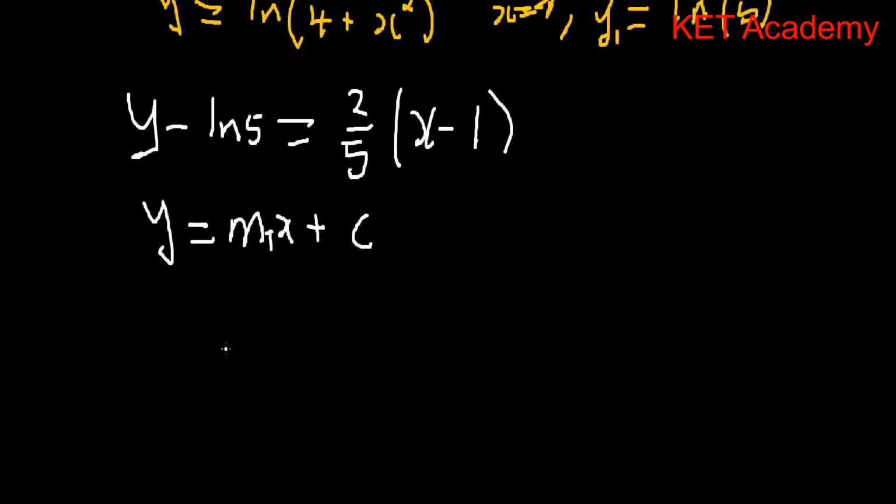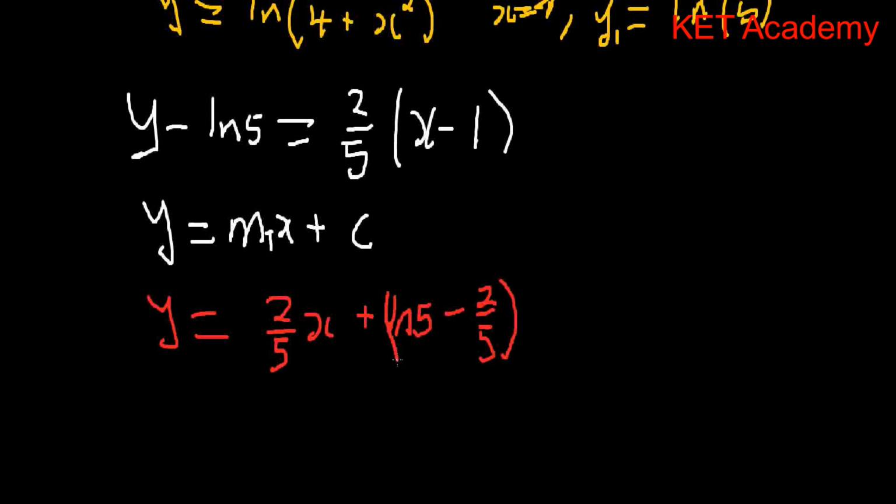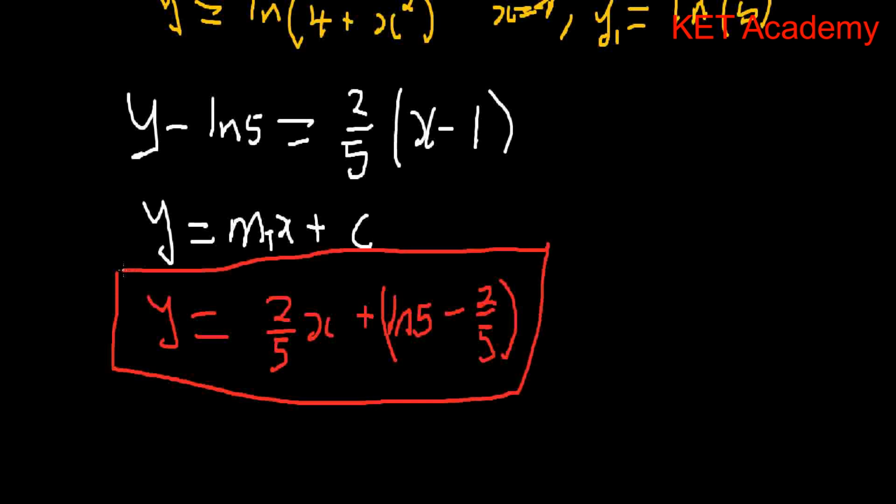So now simplifying that function, we're going to get y equal to 2 divided by 5 x plus ln 5 minus 2 divided by 5. If we break it down, we see that this is a constant, and it is of this form. So this is our answer for the first part, that is, the general equation of the tangent.